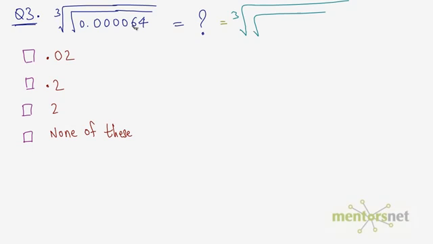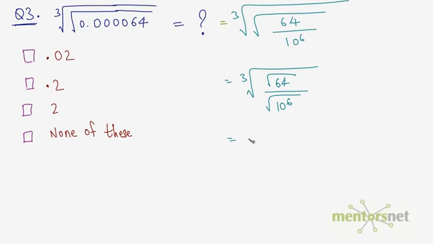So 0.000064 can be written as 64 divided by, let's count the number of digits after decimal point, 1, 2, 3, 4, 5, 6, divided by 10 raised to power 6. So this is equal to cube root of under root 64 upon under root 10 raised to power 6.